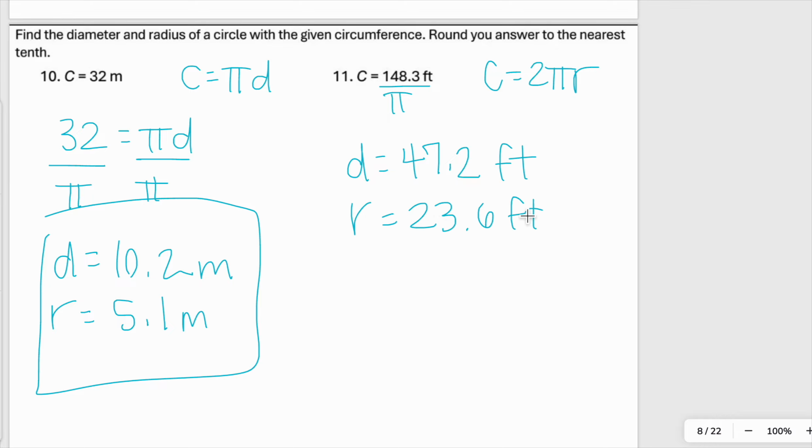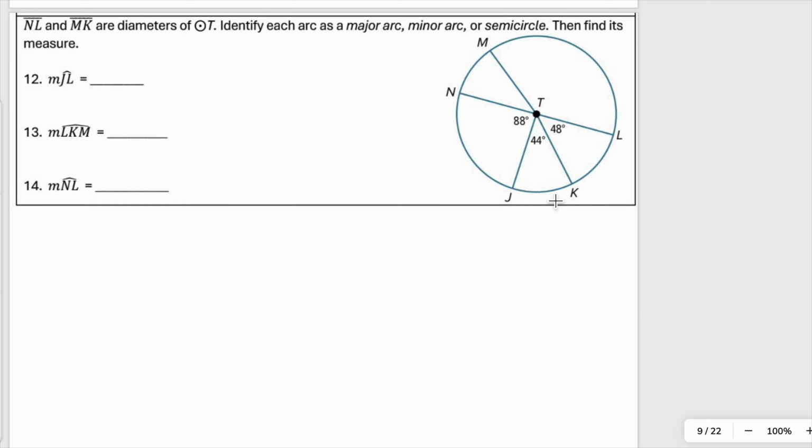Okay. Next up, we have some arcs. NL is the diameter, so is MK, so we know that those would be semicircles equal to 180 degrees.